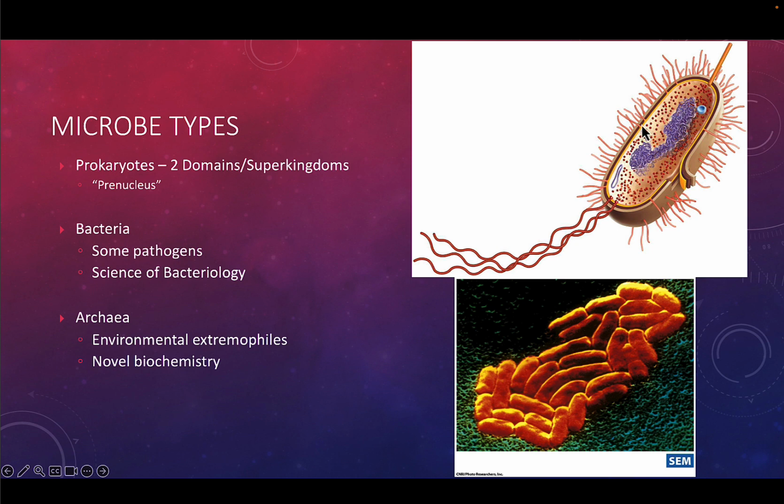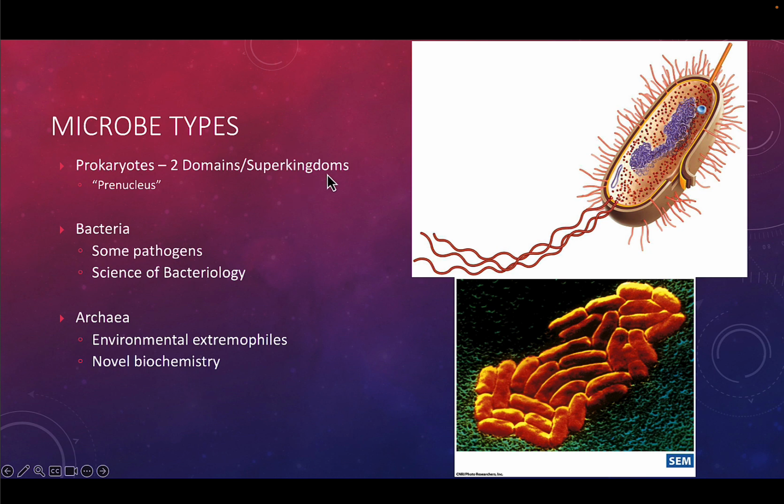But it's not subdivided in any special way. It's just free floating within the cell itself. That compartment where some cells might store their DNA is called a nucleus. Because these cells evolved before the nucleus, they are called pre-nucleus.